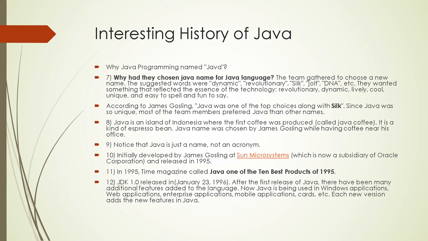They first produced this coffee, and that coffee was named Java coffee. So at the time of choosing the name of the language, all people were drinking that Java coffee. So James Gosling gave this suggestion, Java, as the name of this language.